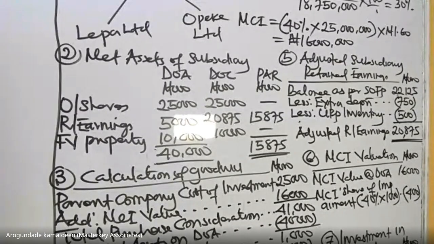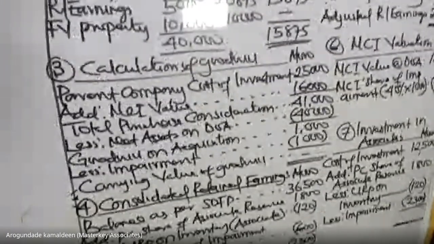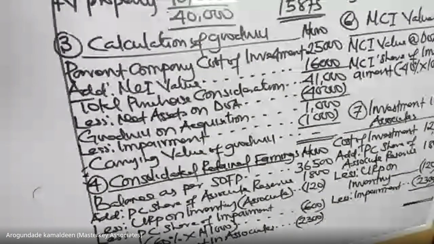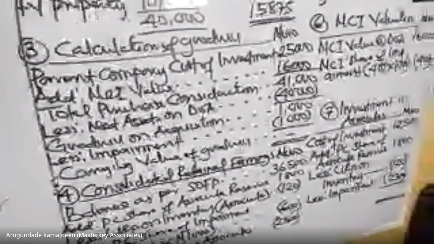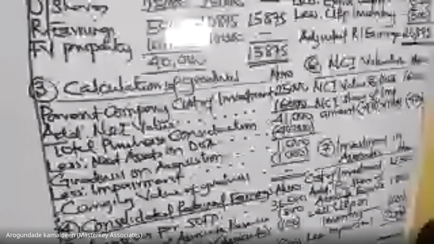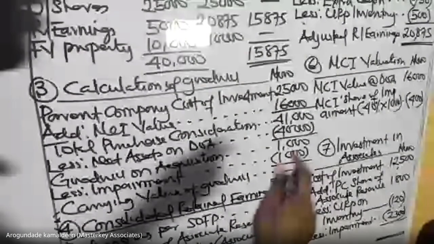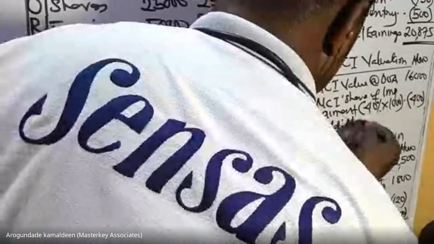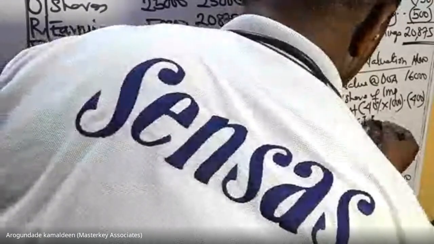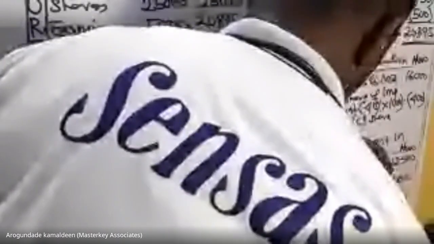So that will be shared between the parent company and the NCI. So let the NCI take its own share here. Add NCI share.